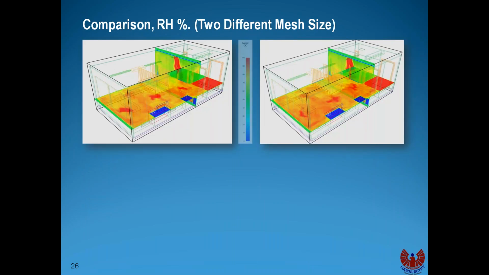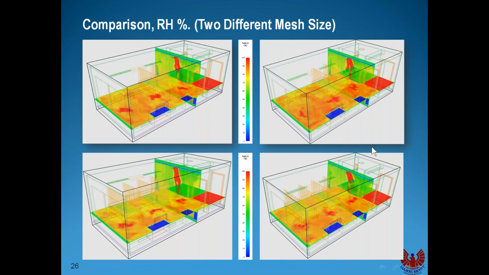Here you can see also the relative humidity, the change in the relative humidity, the same time, the same place, but here, these 2 screens, okay, with the bigger cells, what we call coarse cells, more than 5 centimeters by 5 centimeters by 5 centimeters.